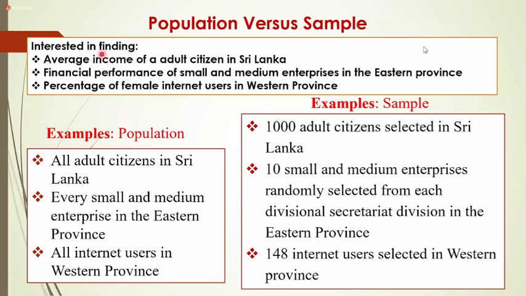We are looking at the income of an adult citizen in Sri Lanka. That is our interest. So the population is all adult citizens in Sri Lanka. Then the sample is 1,000 adult citizens selected in Sri Lanka. From all, we narrow down to 1,000 adult citizens.